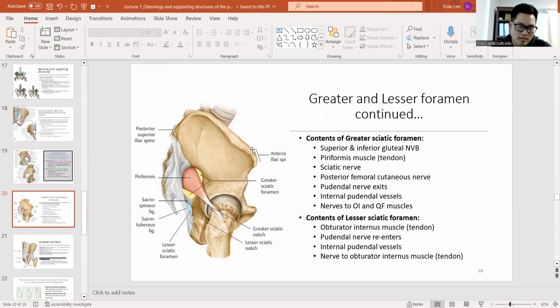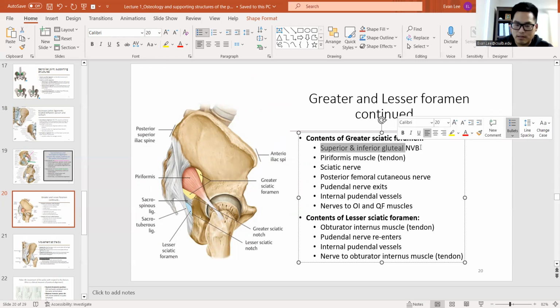So just to give you a few examples, first of all, the greater sciatic notch, the big one, sciatic nerve, but then there's also the superior and inferior gluteal neurovascular bundle. So superior and inferior gluteal artery, vein, and nerve.